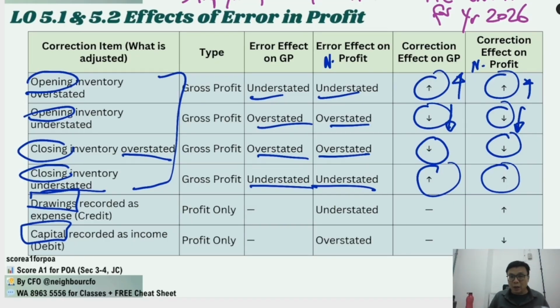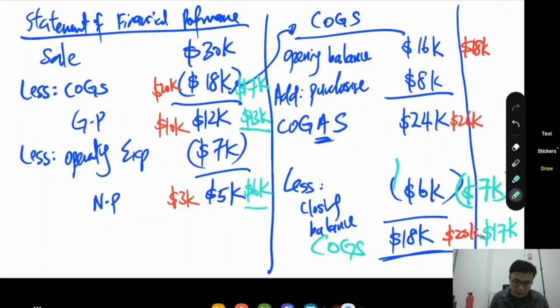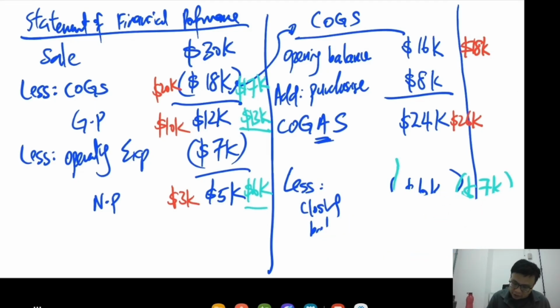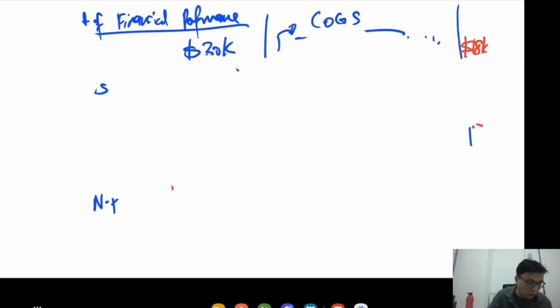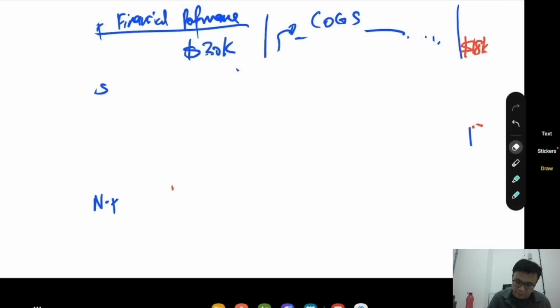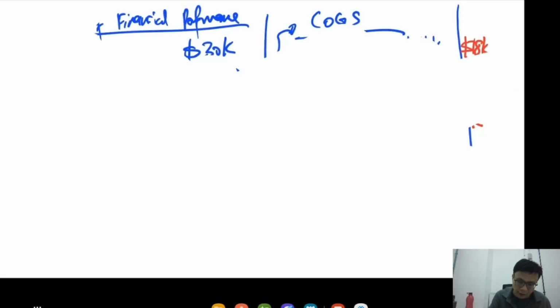With that, let us now look at drawings. Once again, when we look at drawing, let me go back to the earlier illustrations, and I will just clear away this and focus on the two remaining accounts.